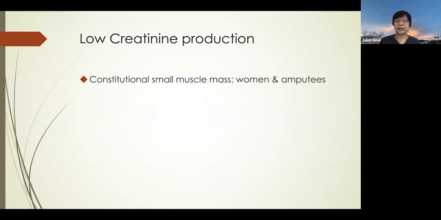A 1 in a 70-year-old woman and a 1 in a 20-year-old, 70-kilo man would be a totally different interpretation of eGFR. That's why we need to compute for eGFR, which we will discuss later. Low production of creatinine will also happen in muscle wasting and in malnutrition.